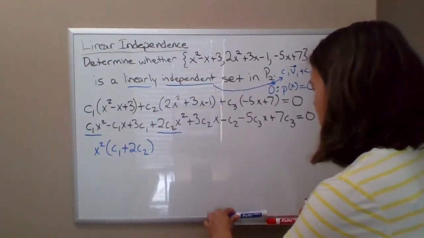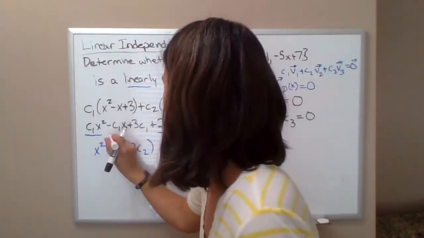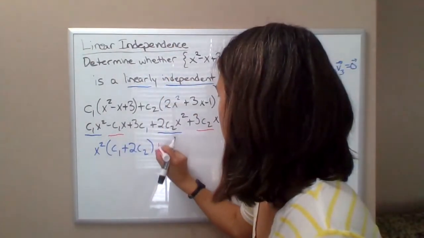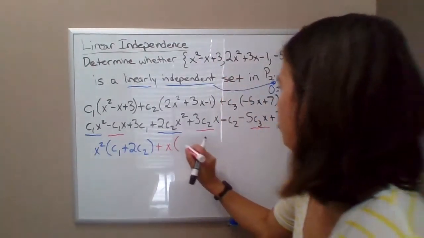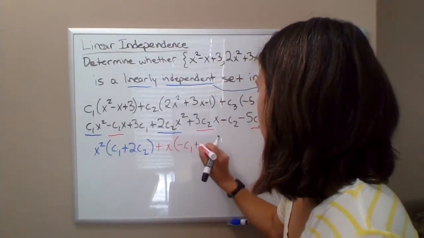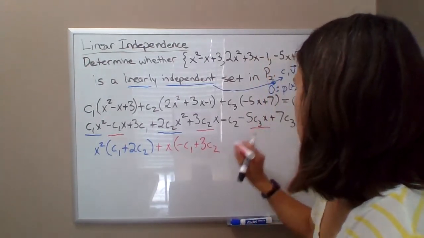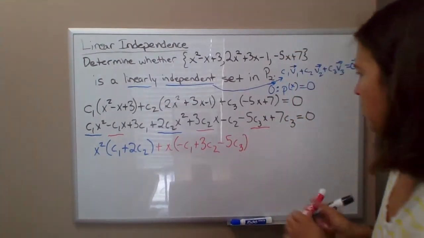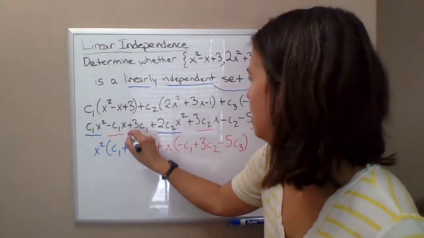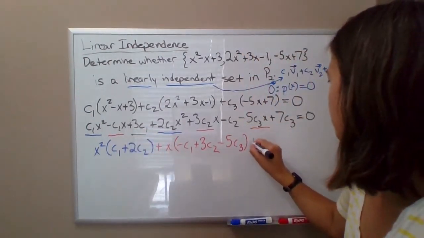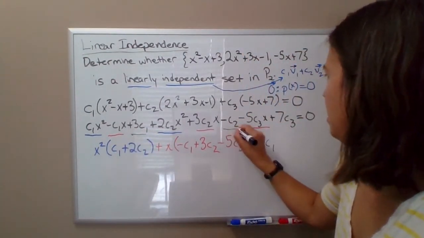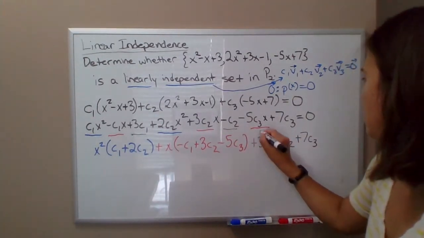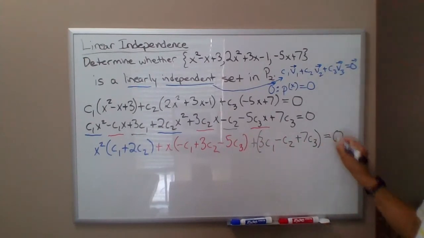Now if we combine our x to the first power terms, that's here and here and here, so plus x times the coefficient of x, which will be -C1 plus 3C2 minus 5C3. And then the constant terms, we have 3C1 minus C2 plus 7C3. Here's your constant term, equals 0.